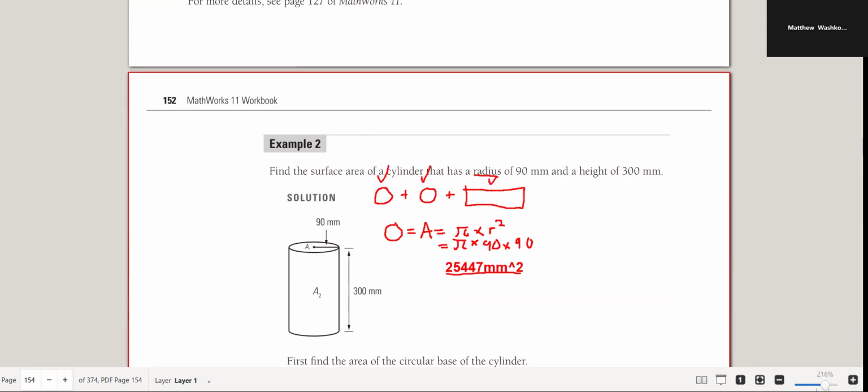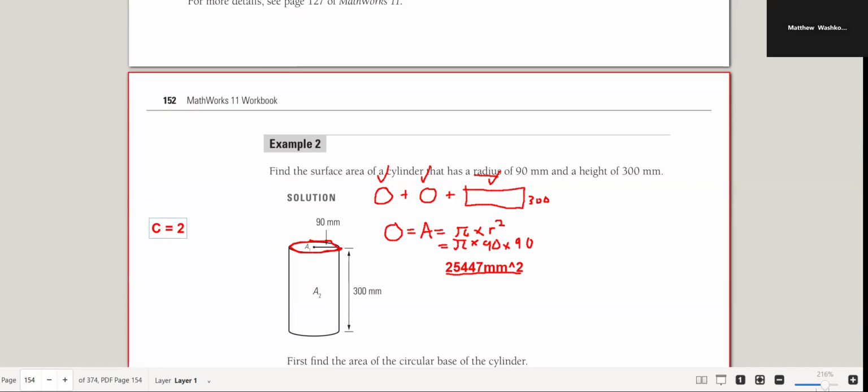Now my rectangle, I know the height of it, right? The height of it is 300. I do not know the width of it. This part, which starts with a C, literally say it out loud, the circumference, right? Now I'm given a radius here, so I'm going to use that.